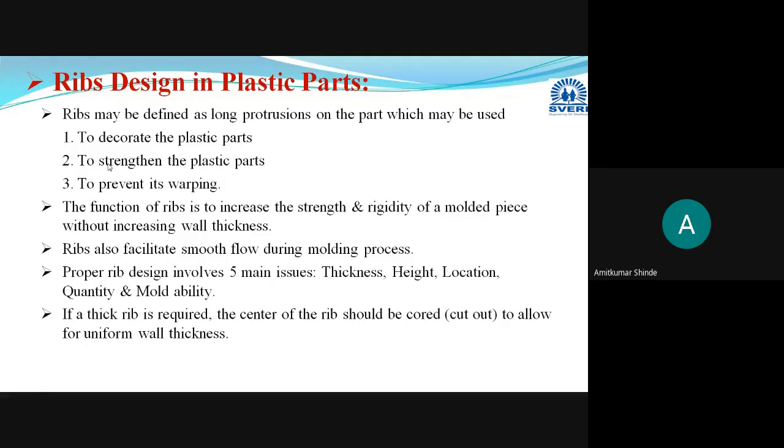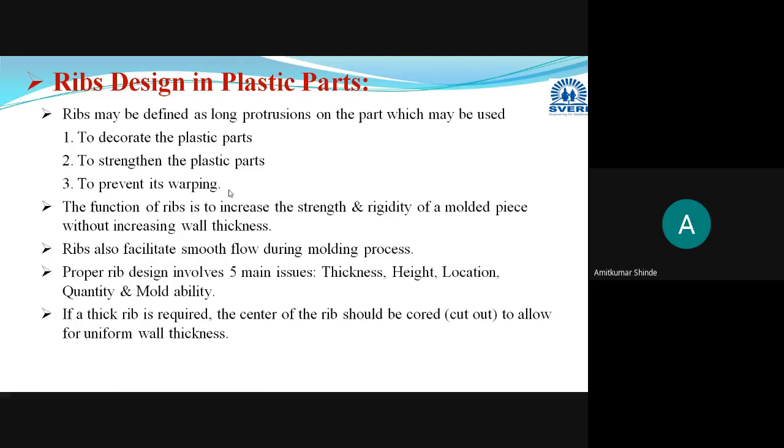A rib is provided for decoration, to give some attractive look to that plastic part, or you can provide it to give some extra strength to the plastic part, and it will also prevent the warping of that component. Whenever extra load is there, it will try to bend, or there will be some distortion in that part.